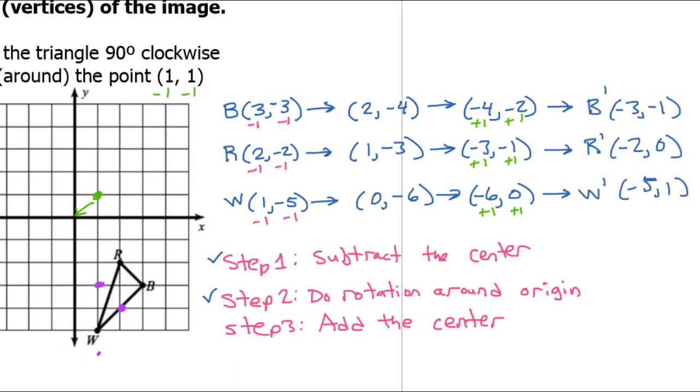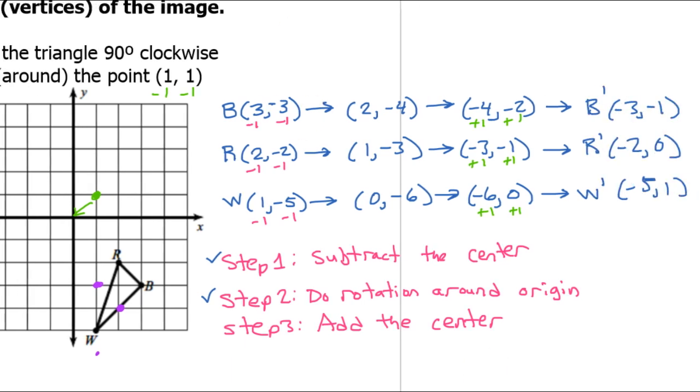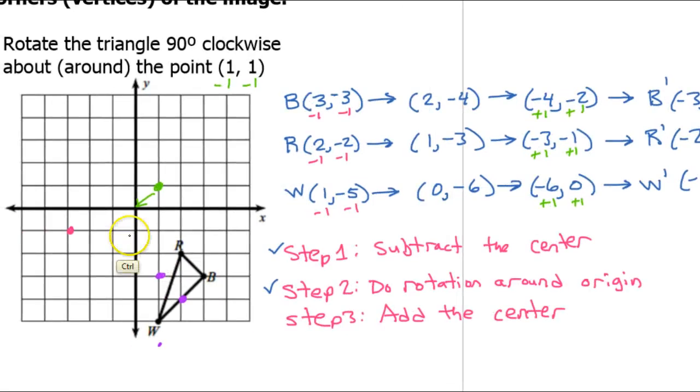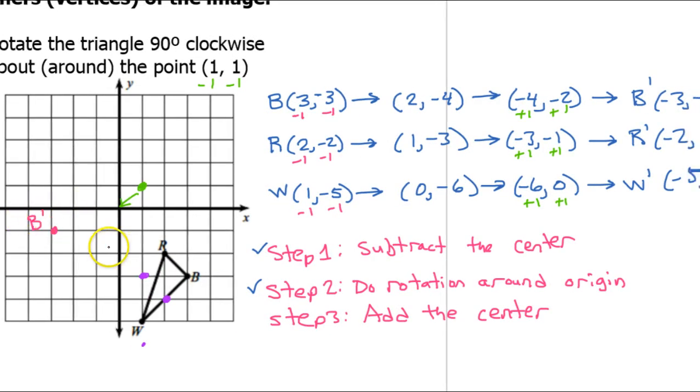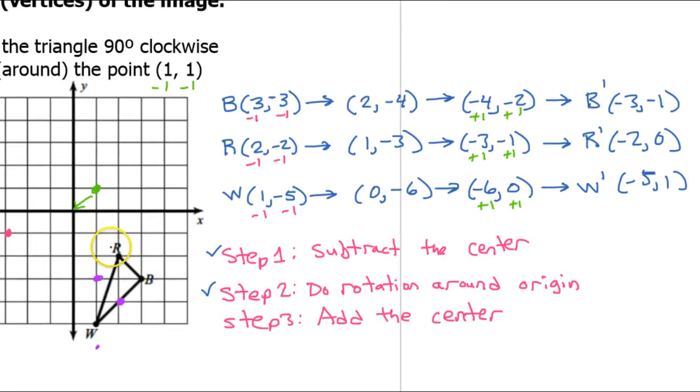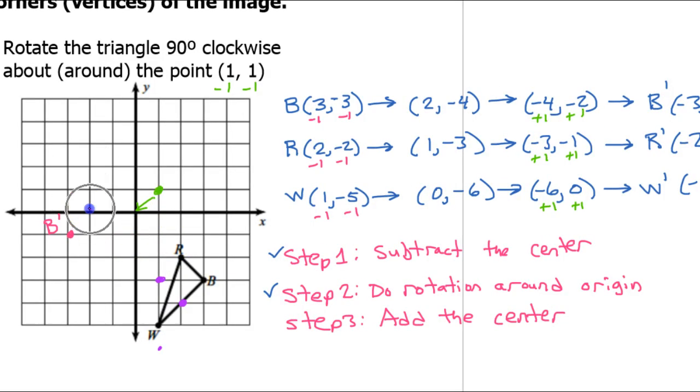Okay, and then now I can just graph those points. All right, so -3, -1 would be right here. And that's going to be my B prime. -2, 0 is right here. And that'll be my R prime.